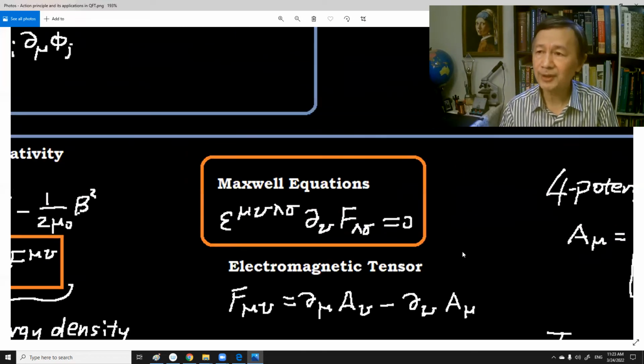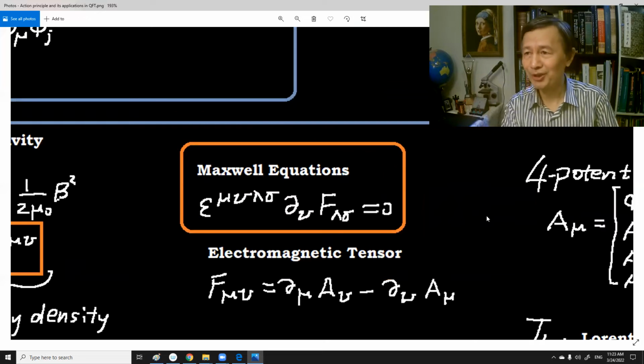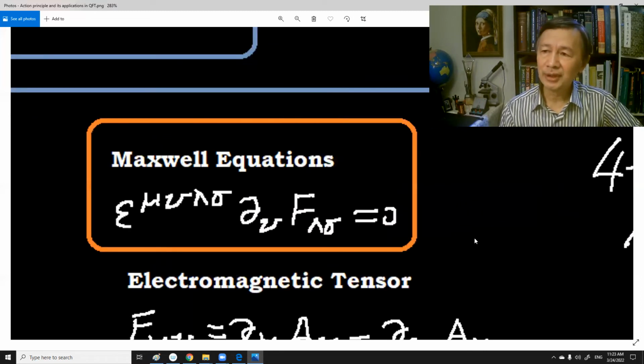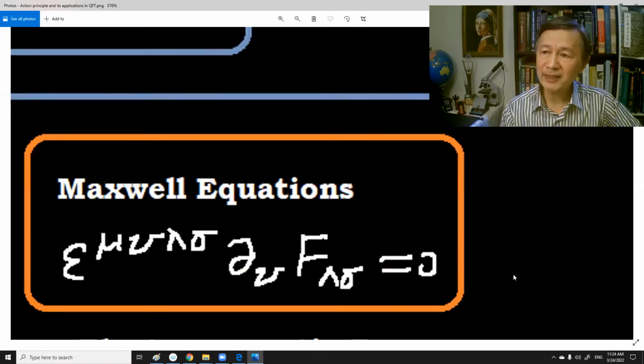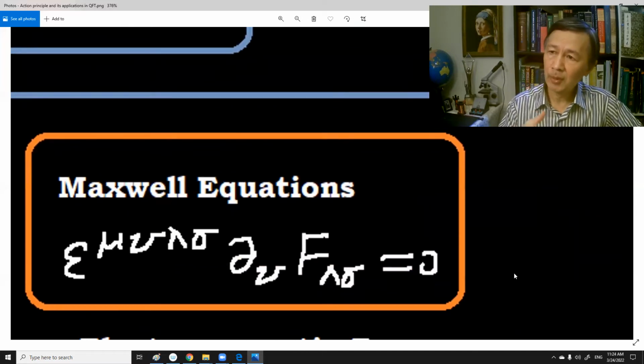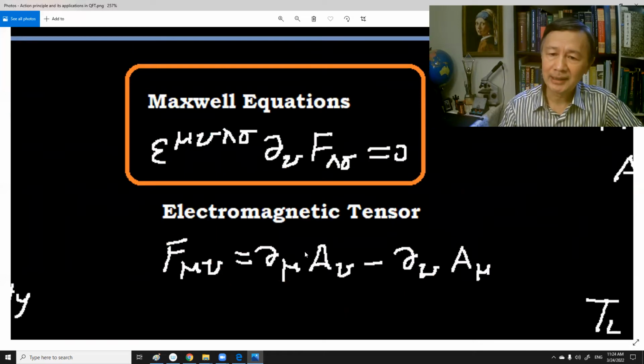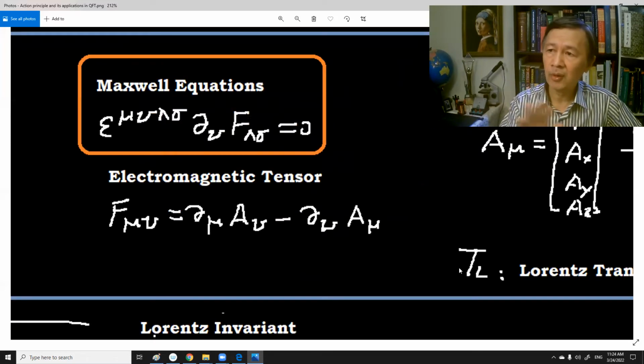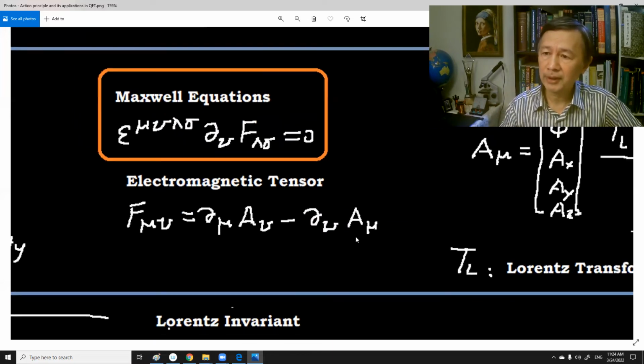By the way, by using Lagrangian, another beauty of the Lagrangian formalism is to allow people to rewrite the Maxwell equation into this more compact form. It's beautiful, it's simple, and in it this F tensor is called the electromagnetic tensor, which contains the difference between the four potential. A is the four potential.